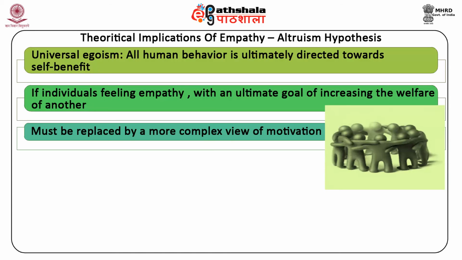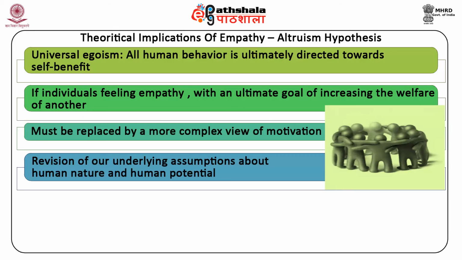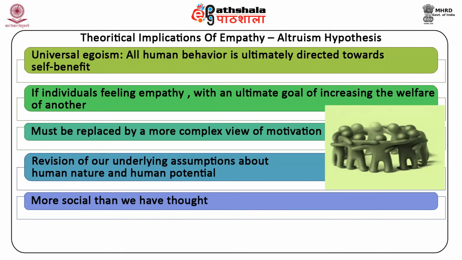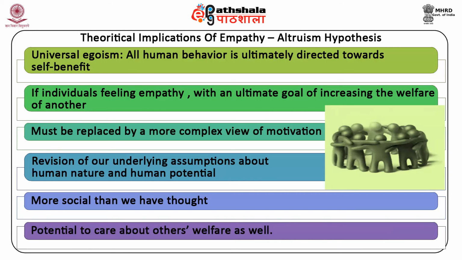Such a shift in our view of motivation requires, in turn, a revision of our underlying assumptions about human nature and human potential, in a way that we humans may be more social than we have thought, and that we indeed have the potential to care about others' welfare as well.